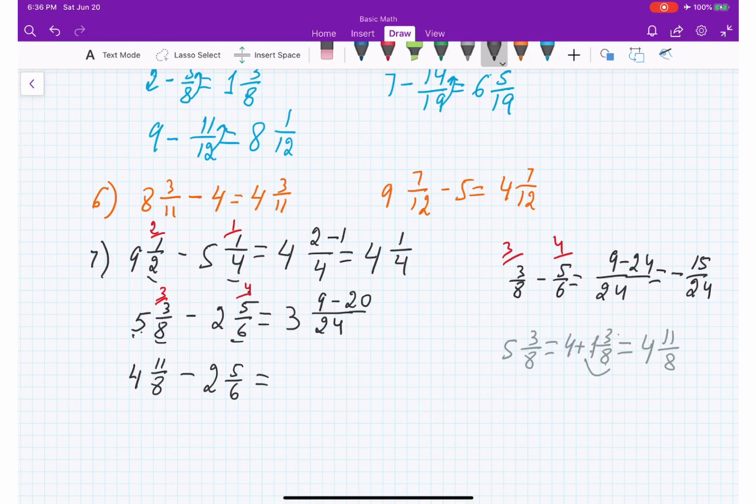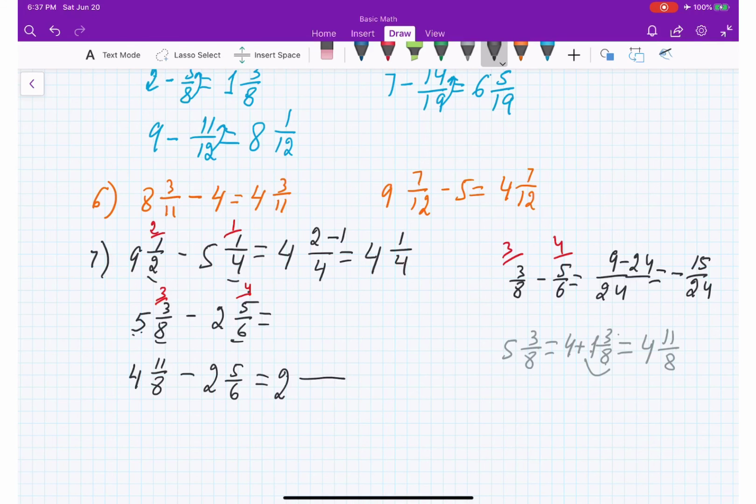So the whole number part is going to be 4 minus 2 is 2, and the common denominator is going to be 24. So every time you hit a negative number, the subtraction gives you negative, and you have a whole number here, obviously then you are going to do these changes.